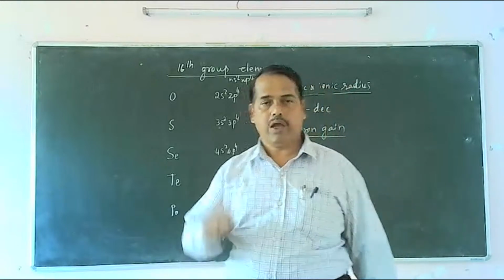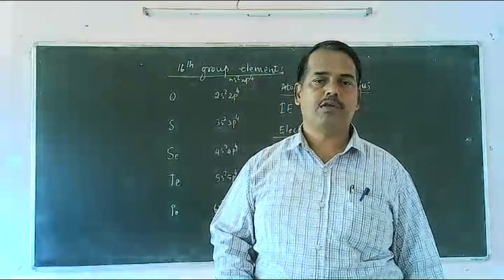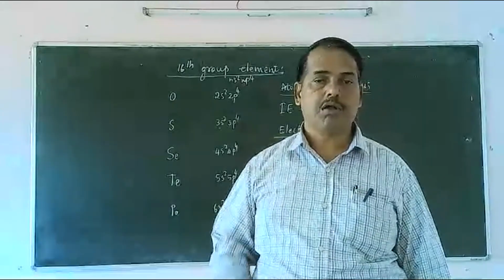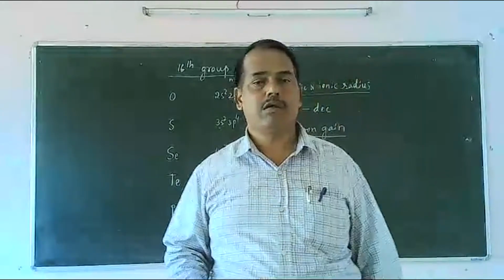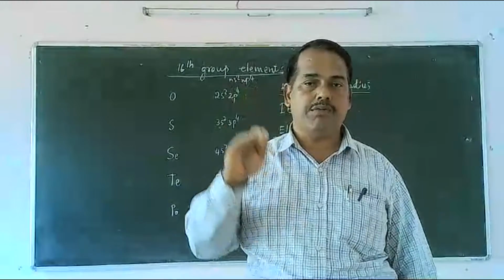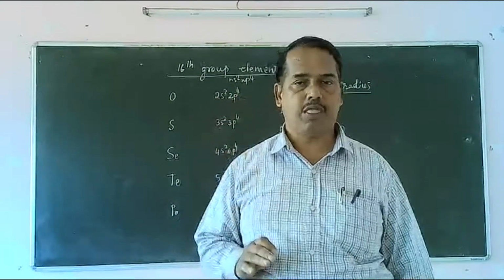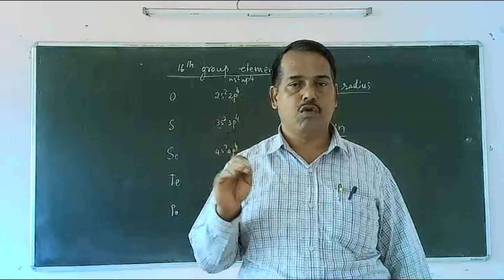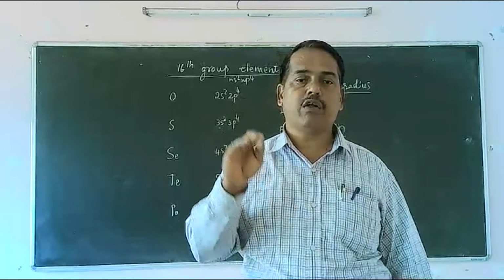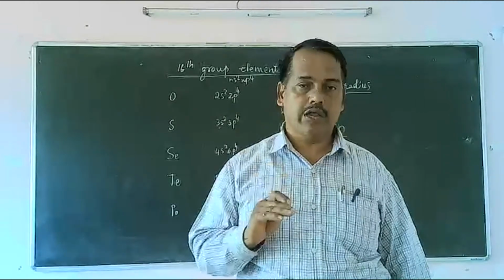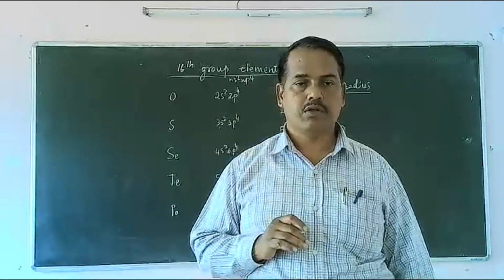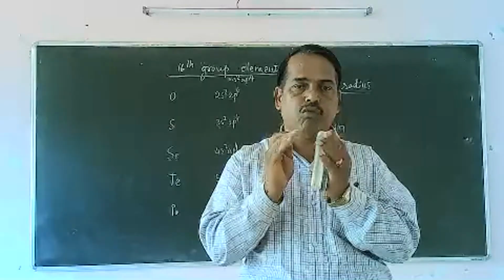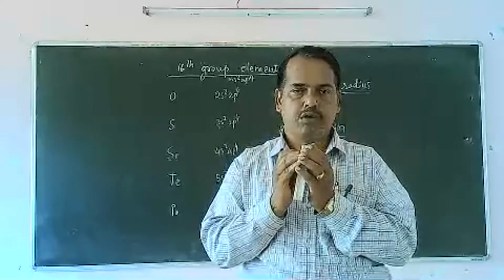Electron gain enthalpy again, as you come down the group, generally it decreases. But if you compare the electron gain enthalpy of oxygen and sulfur, oxygen shows lower electron gain enthalpy than sulfur, because of the compact size of oxygen's 2p orbital lobe.